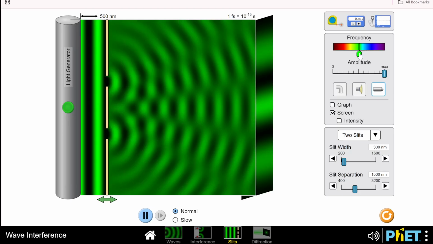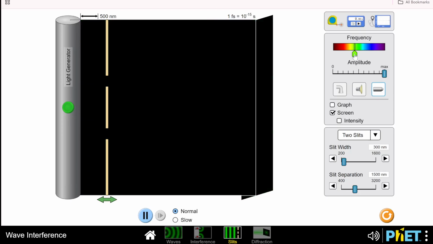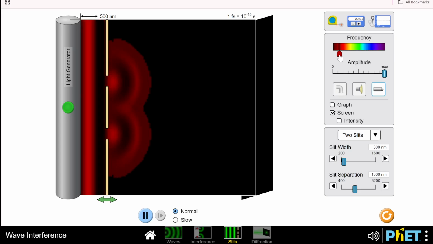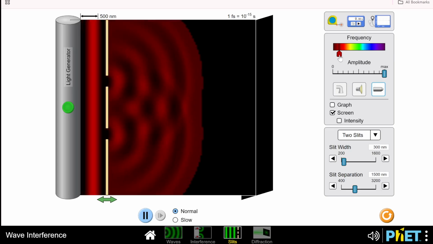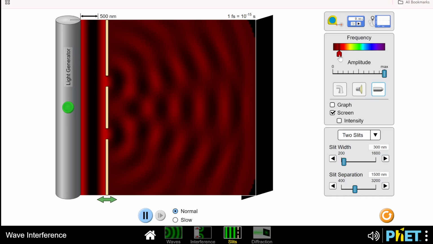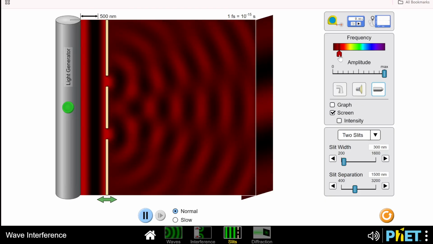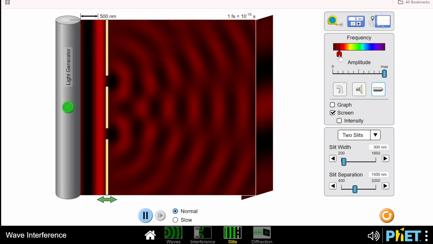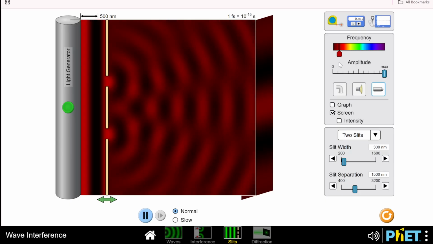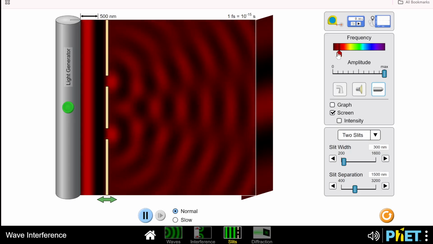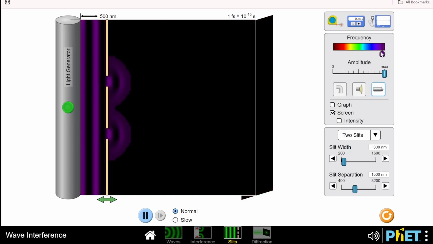So if I decrease the frequency, I'm increasing the wavelength. So what do you expect? Pause and say what you are expecting. Because the wavelength has increased, the fringe width has increased, and you can see fewer fringes. Can you see how wide they are? With green, you were seeing 3 fringes. Let's try and make it purple.